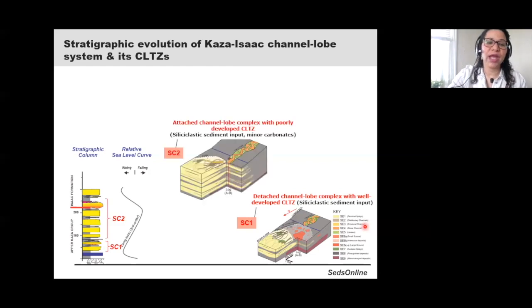For the second complex, we believe it was probably formed during the lowstand or transgressive conditions. In that case, the sediment was still highly siliciclastic, but the fact that we find those carbonate clasts, especially in the channel, is an indication that there was something going on up on the shelf, and that a carbonate platform was being created.